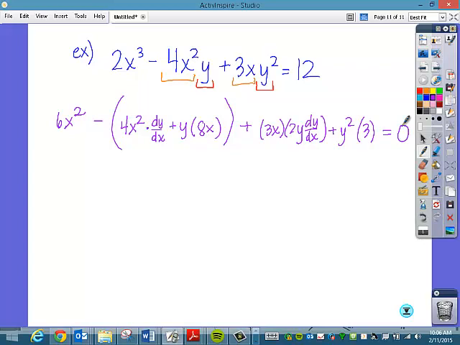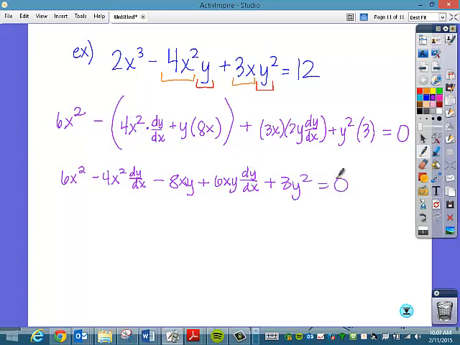Alright, now I'm going to distribute this negative to give me 6x squared minus 4x squared dy dx minus 8xy plus 6xy dy dx plus 3y squared equals 0.